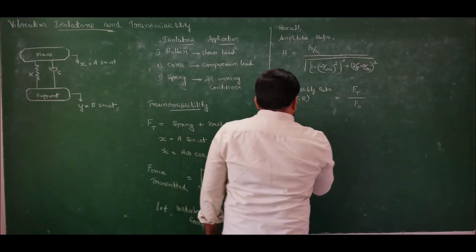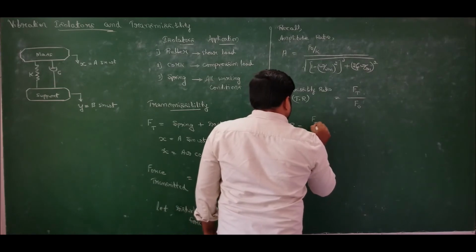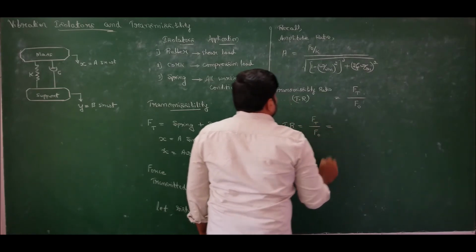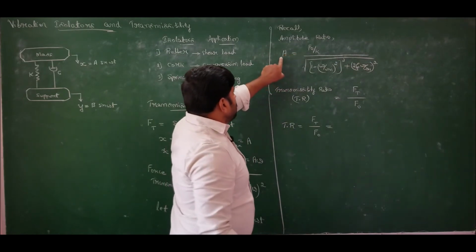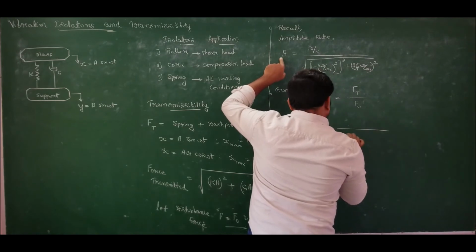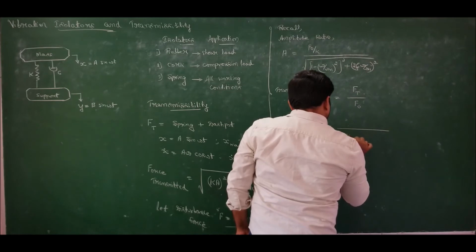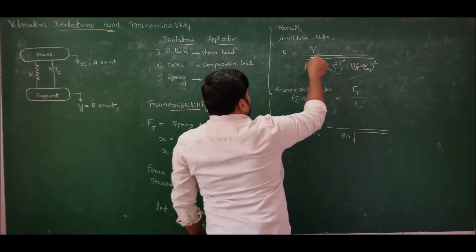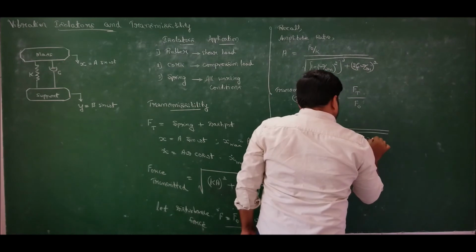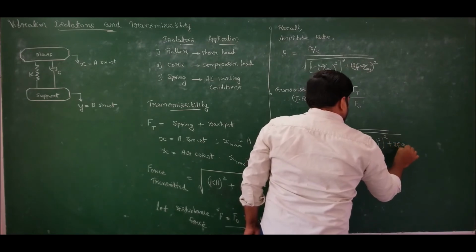Now if I substitute and solve, what will I get? The transmissibility ratio is Ft by F0. What is the value of F0? F0 will become A into k into root of (1 minus (omega by omega n) whole square) whole square plus (2 zeta omega by omega n) whole square.